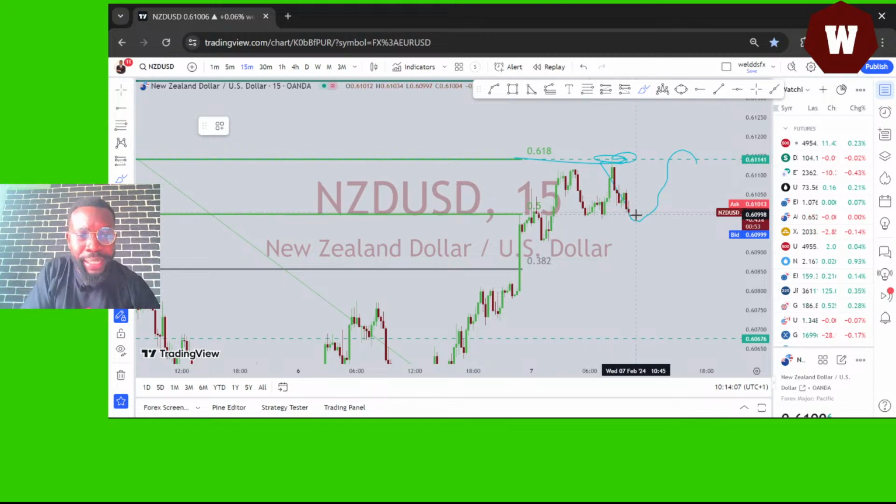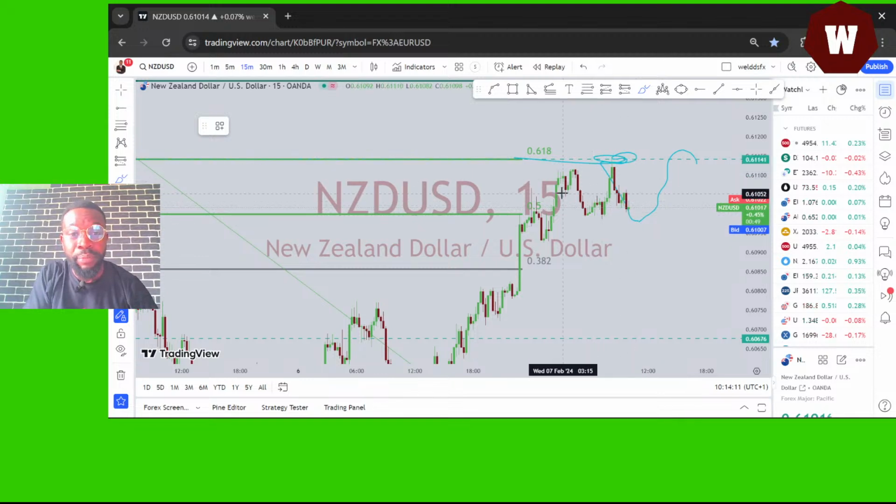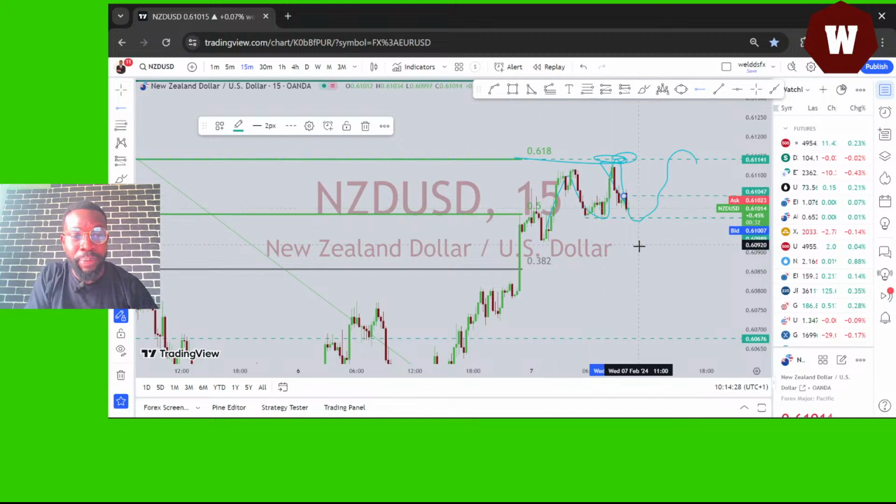So if this market will come back here, this is 15 minutes time frame. We already pushed down, came here, went up, came. So two things that can happen. We'll take this level down here. So if the market breaks down below here, then we'll wait for it to come back and we take the trade.